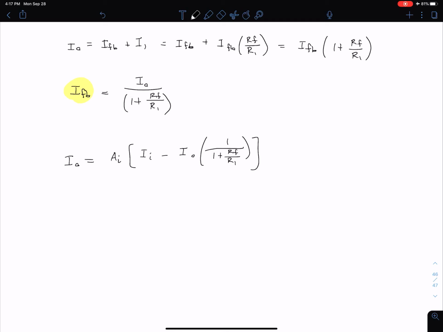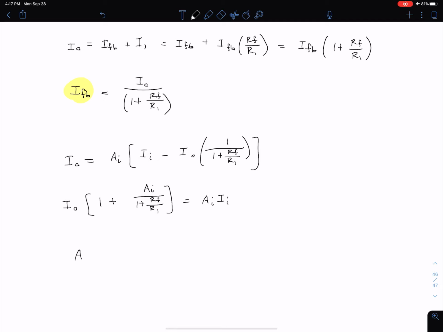And now we can separate our I naught terms, so let's put both of those on the left. So our I out is I out times 1 plus, now we have A sub I divided by 1 plus RF over R1 on the left, and then we're left with our input on the right, which is just A sub I times our input current.